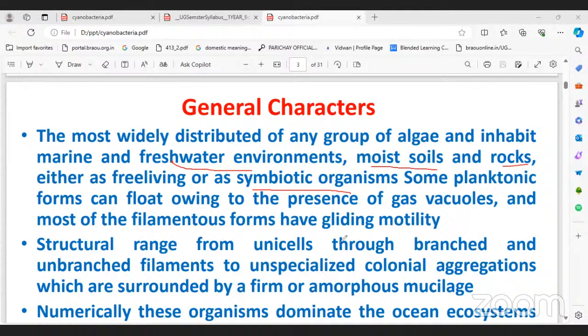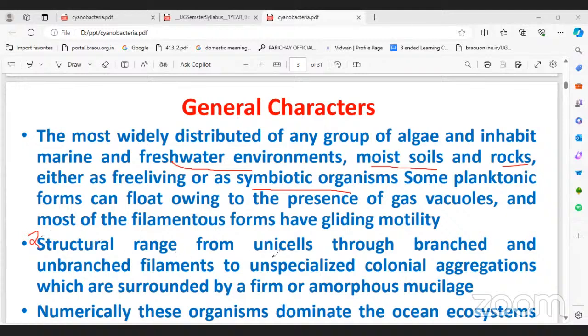After the first heading comes the second heading, the structural range. It is already given in your book but not clear, so add this one. In our book, only one point is given, but don't write just one point. You will have to elaborate like this.